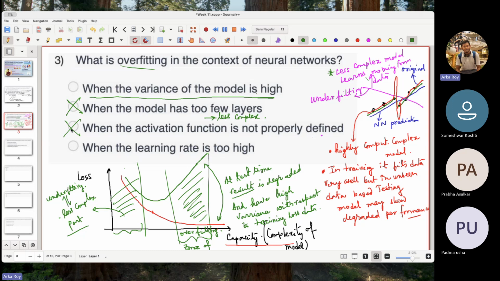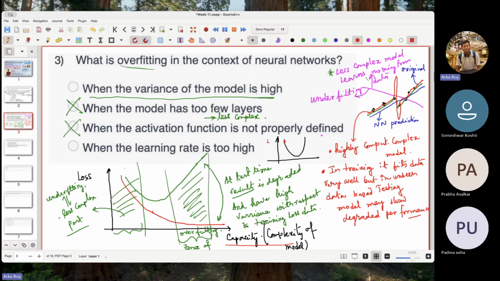When the learning rate is too high. Now, for example, let's say this is your loss surface, and this is where you initialize the loss minimization problem.